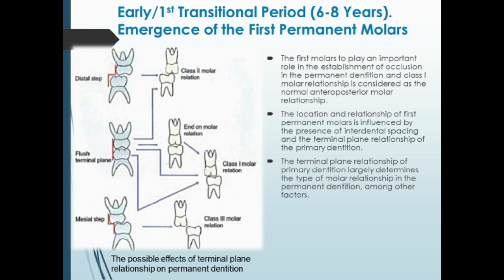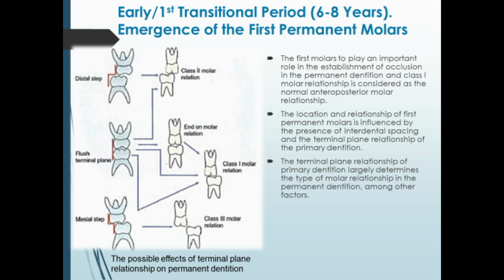Emergence of the first permanent molars. The first permanent molars erupt at 6 years of age with mandibular molars preceding the maxillary molars in most cases. The first molars are considered to play an important role in the establishment of occlusion in the permanent dentition, and class I first molar relationship is considered as the normal anterior-posterior molar relationship.